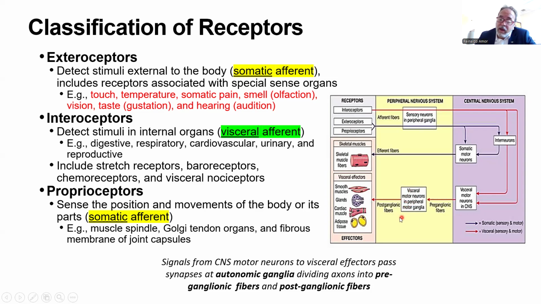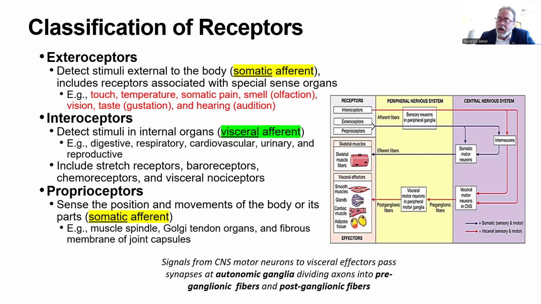It is those postganglionic neurons that are going to control the effector cells here. This has to do with the autonomic nervous system, visceral. So these effectors are going to be involuntary, like smooth muscle, glands, cardiac muscle, and adipose tissue.